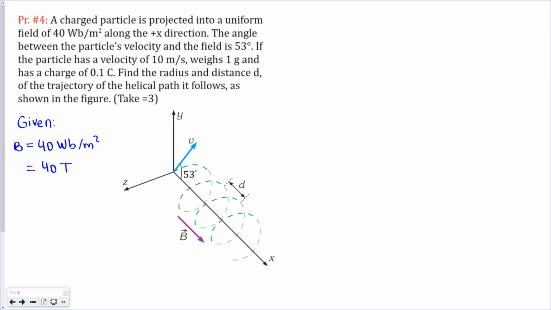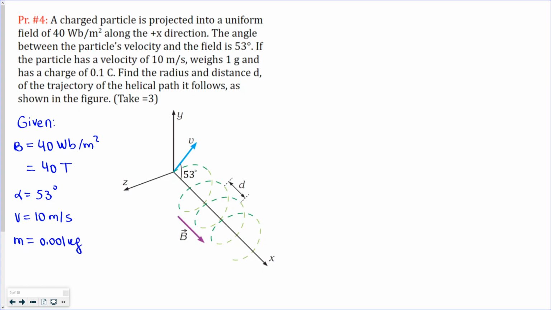What else we know? The angle between the velocity and the magnetic field is 53 degrees. The velocity of the charged particle is 10 meters per second. And we know the mass of the particle, it's 1 gram. In SI, it will be 0.01 kilogram.